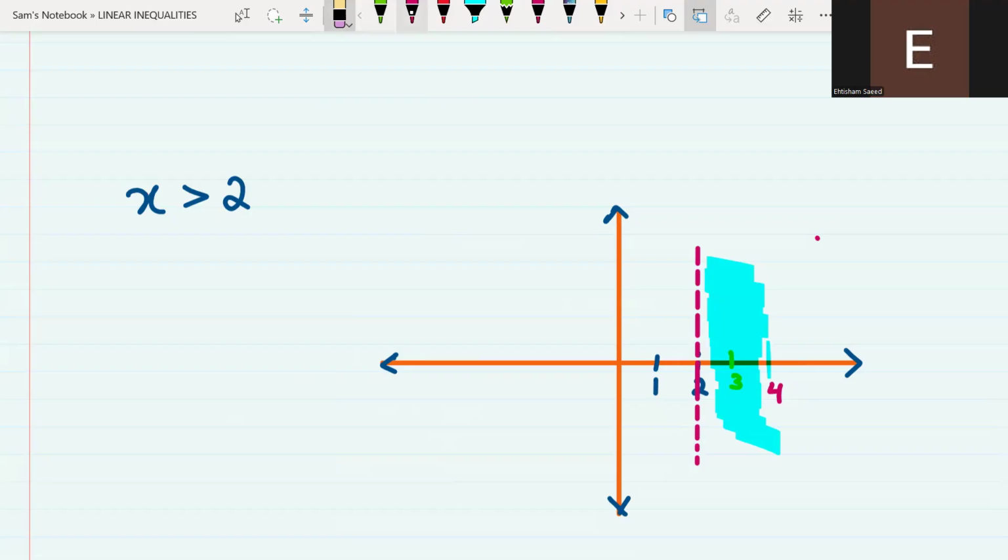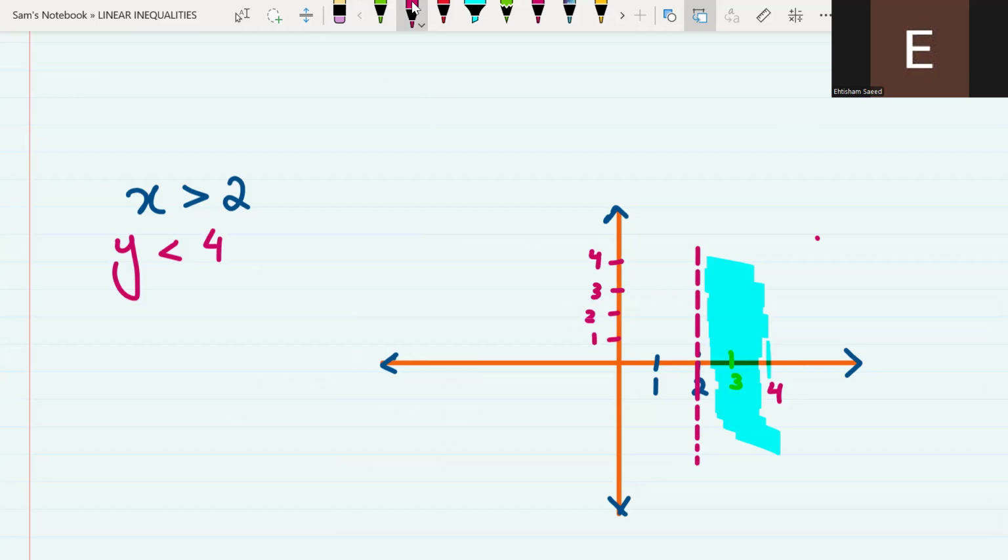Yes, sir. Okay. So this is how we have to see. For example, if I say y is less than 4, what are we going to see? We have 1, 2, 3, and 4.